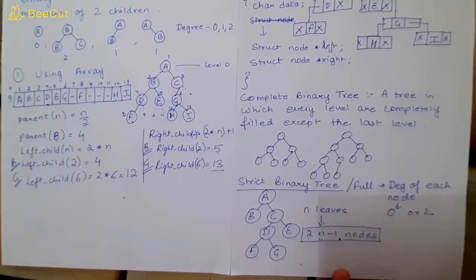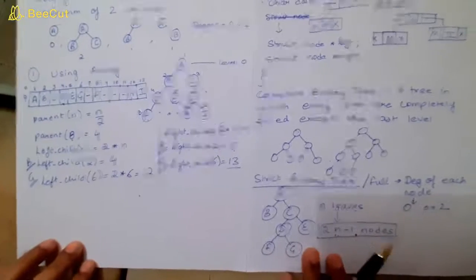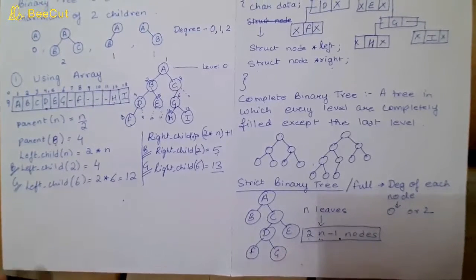Then we have discussed complete binary tree. Then we discussed strict binary tree. There is one more, strict and full both are the same, strict binary tree or full binary tree. There is one more category which is known as perfect binary tree. So perfect binary tree means, I'll discuss it over here.